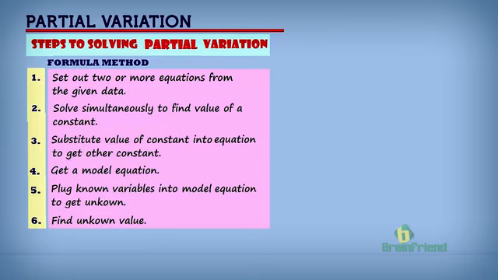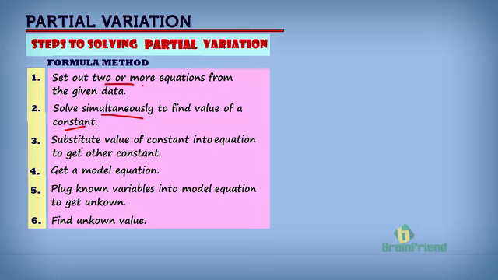Using the formula method, step 1, set out 2 or more equations from your given data. Step 2, solve them simultaneously to find the value of one of the constants. Remember, most of our equations have 2 constants, so just try and find one.